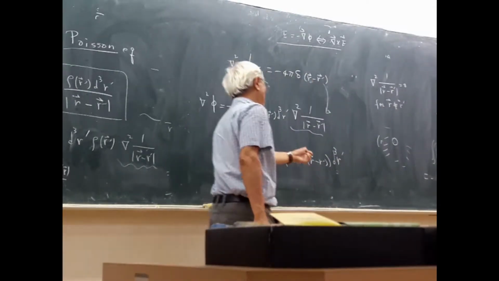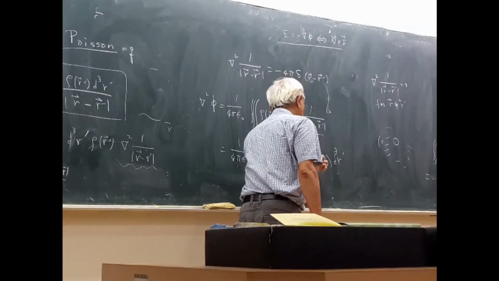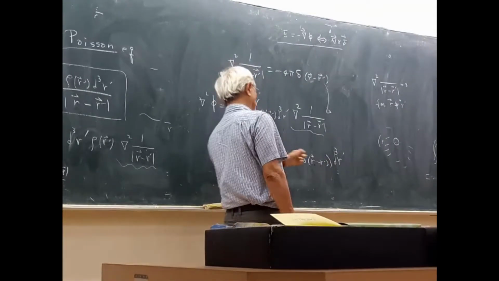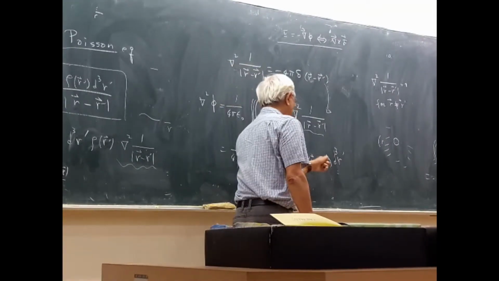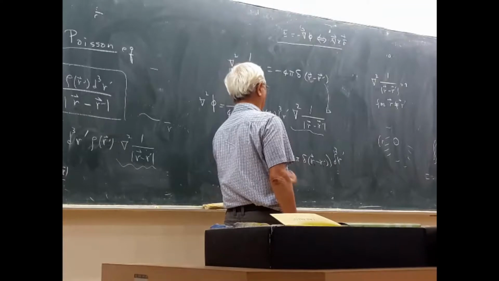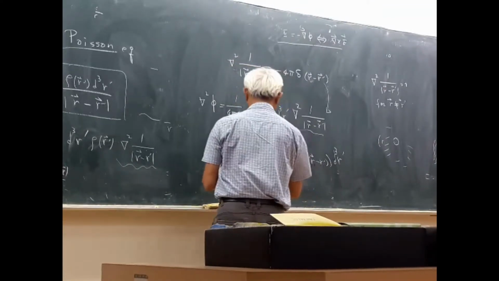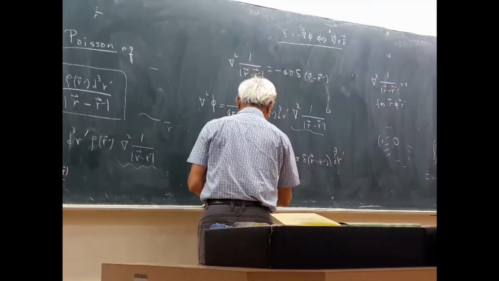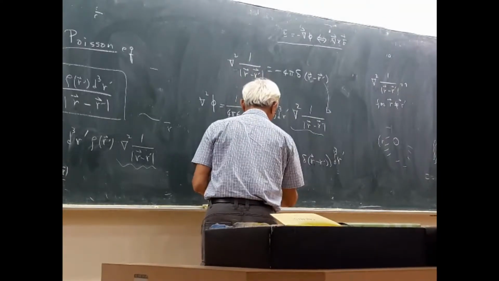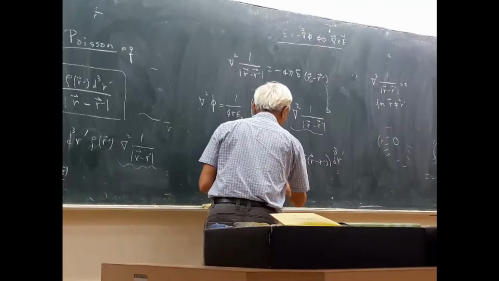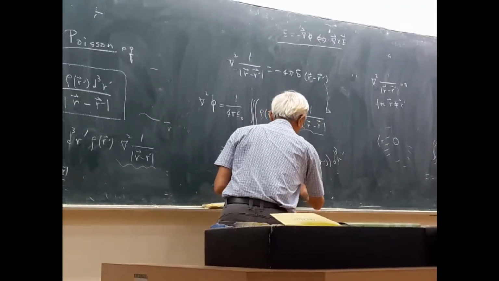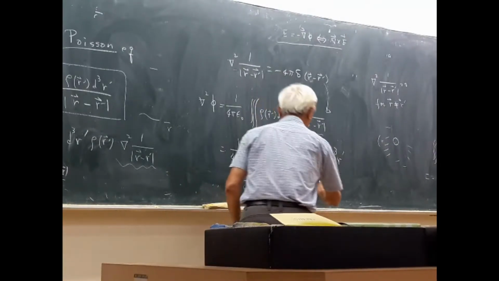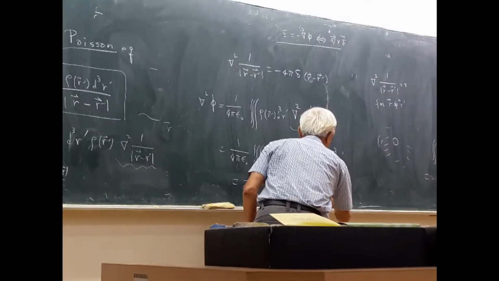This is 0 when r prime is not equal to r, and when r prime equals r, that's rho(r), and the integration is 1. So that is rho(r) over 4 pi epsilon naught times minus 4 pi. That's it. Okay, what's the equation?